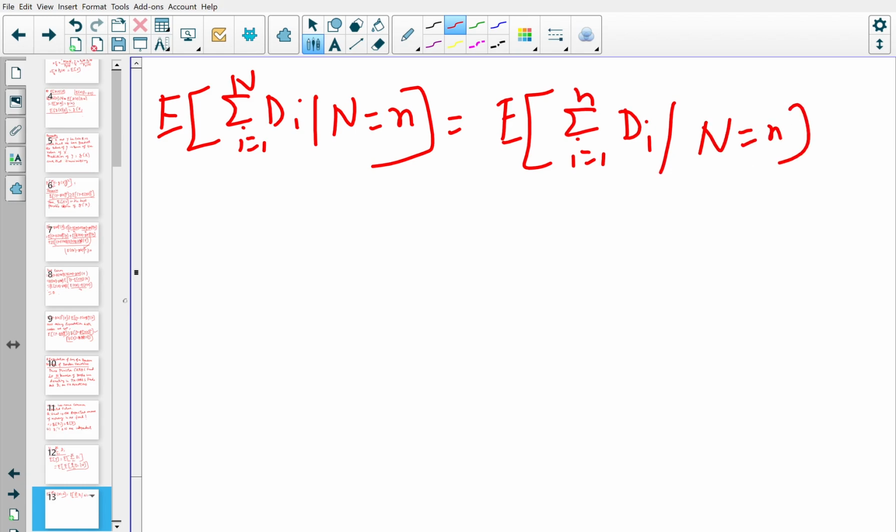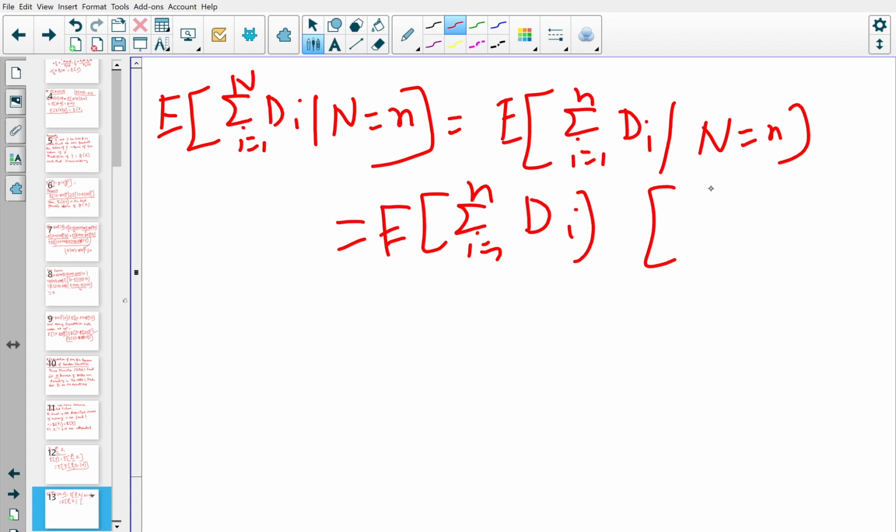Now because the Di's and N are independent, this is nothing but the expectation of the summation over i equal to 1 to small n of Di, which we already proved in the first half of today's lecture.